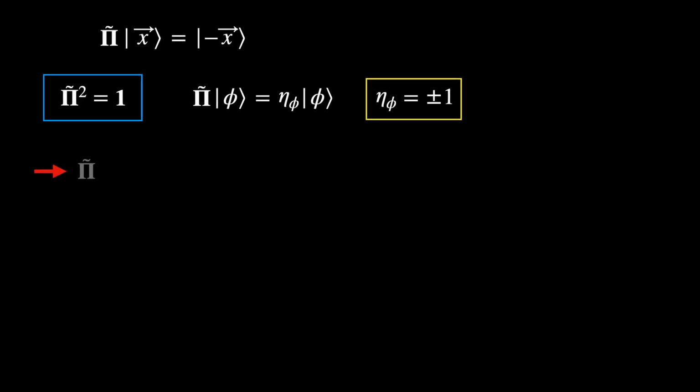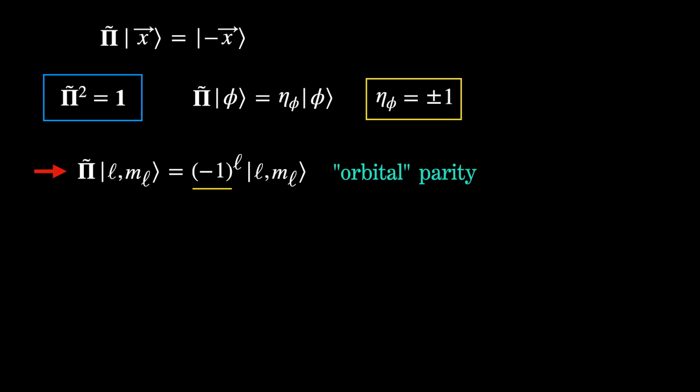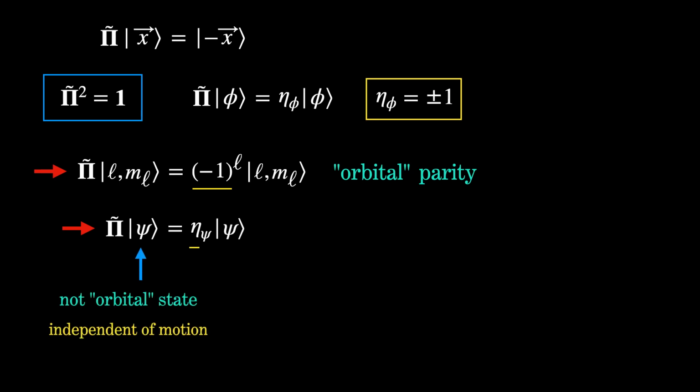We have already seen earlier what eta is for the eigenstates of orbital angular momentum. This could be called the orbital parity. But there could also be another type of parity, unrelated to the motion of the particle. This is the intrinsic parity.